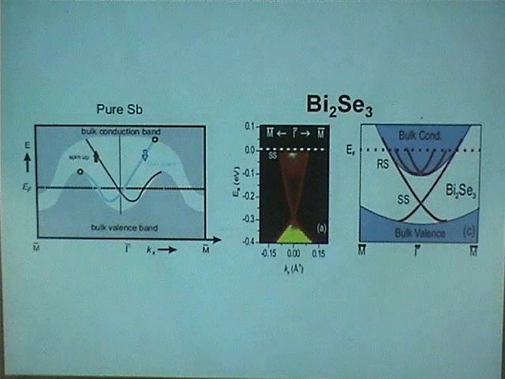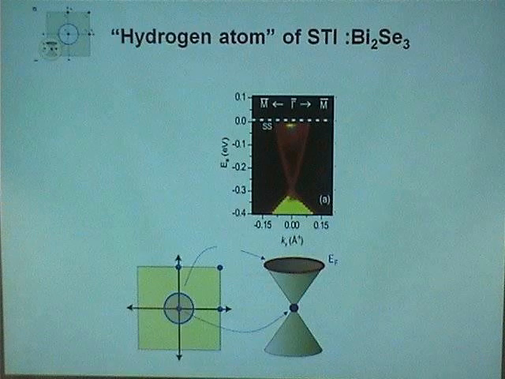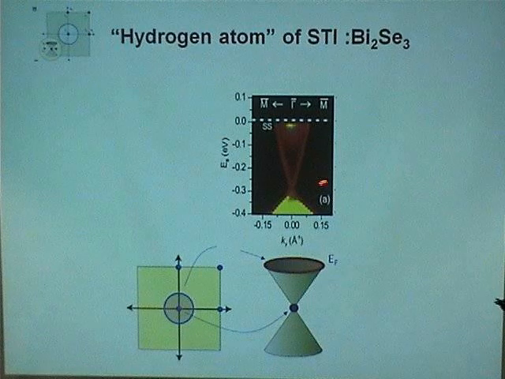I think he's asking about the bulk, though. Oh, you mean the bulk? No, we haven't. Around 10 to the 18. It's around 10 to the 18, sample dependent. It's like heavily doped.